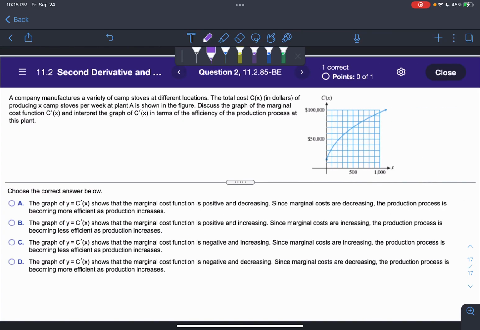All right, let's do one last problem. We have a graph C of x. This is our total cost in dollars. And we want to know what the graph of the marginal cost function C prime is. Looking at our graph, C of x is increasing everywhere. So that corresponds to C prime of x being positive everywhere. Also, my graph of C of x is showing concave downward.